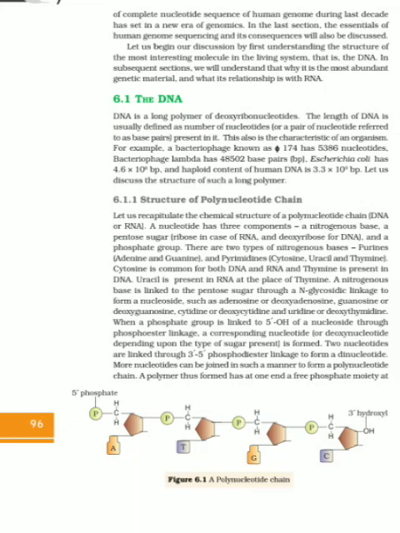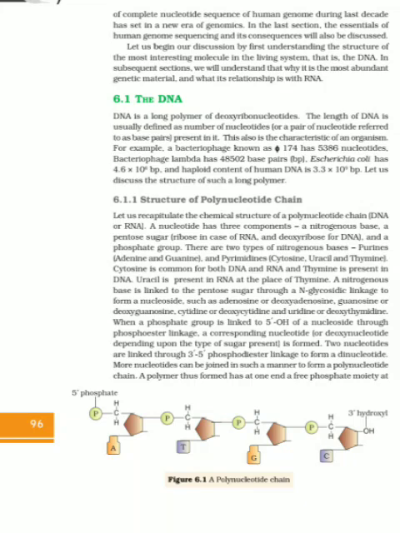Bacteriophage lambda has 48,502 base pairs. Escherichia coli has 4.6 × 10^6 base pairs, and the haploid content of human DNA is 3.3 × 10^9 base pairs. Let us discuss the structure of such a long polymer.